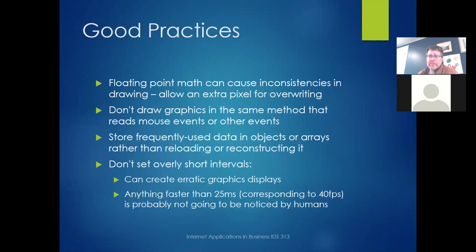Okay, so a couple things, good practices. Number one, floating point math in particular can cause inconsistencies in drawing. So if you're, for example, drawing a circle, inevitably drawing the boundary of the circle is going to involve some floating point math. And so when you try to overwrite it, you should always allow an extra pixel. So, you have your old circle.